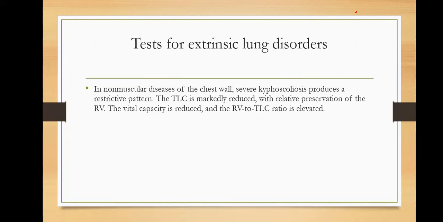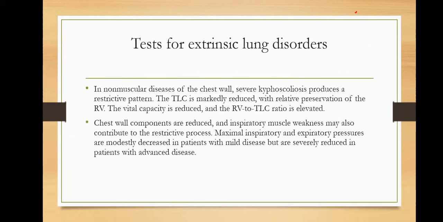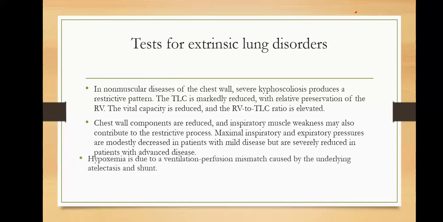We said that the normal maximum inspiratory pressure is 125, and the normal maximum expiratory pressure, I think I remember, is 200 centimeters of water pressure. So they will be reduced in patients with extrinsic lung disorders, and hypoxemia is due to ventilation perfusion mismatch caused by the underlying atelectasis and shunts. Patients may have hypoxemia due to ventilation perfusion mismatch.